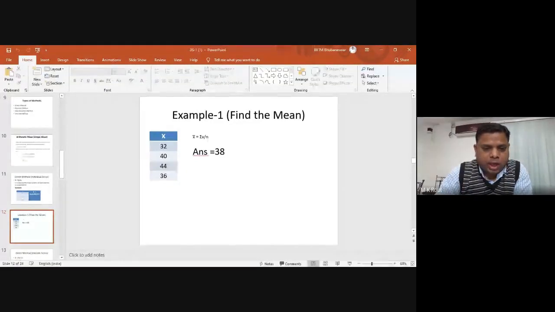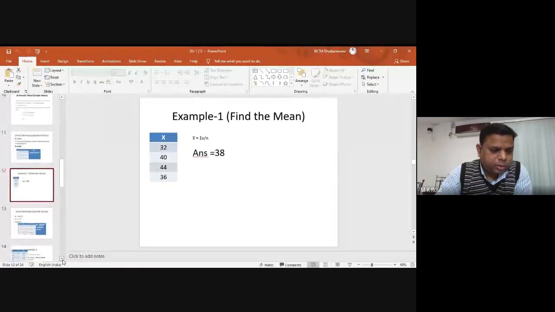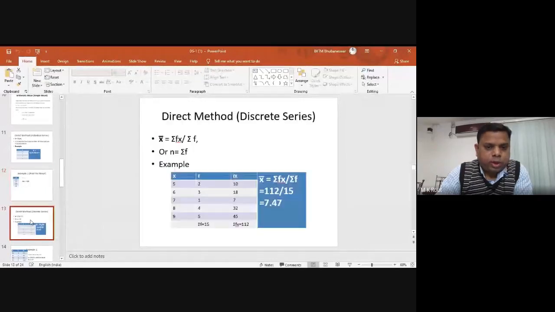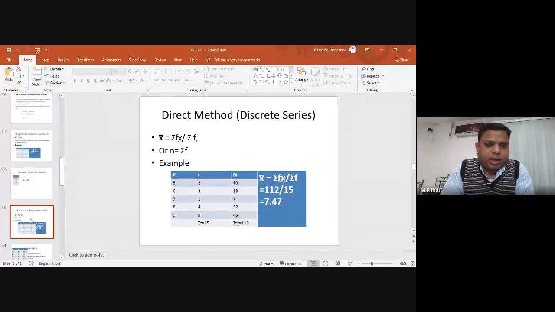It is my personal advice to all of you that during each session, you must note down these formulas. Then moving to the next one, direct method for discrete or ungrouped series. Just note down this one. So here, the formula for direct method in case of discrete series: x bar equals summation of fx divided by summation of f.